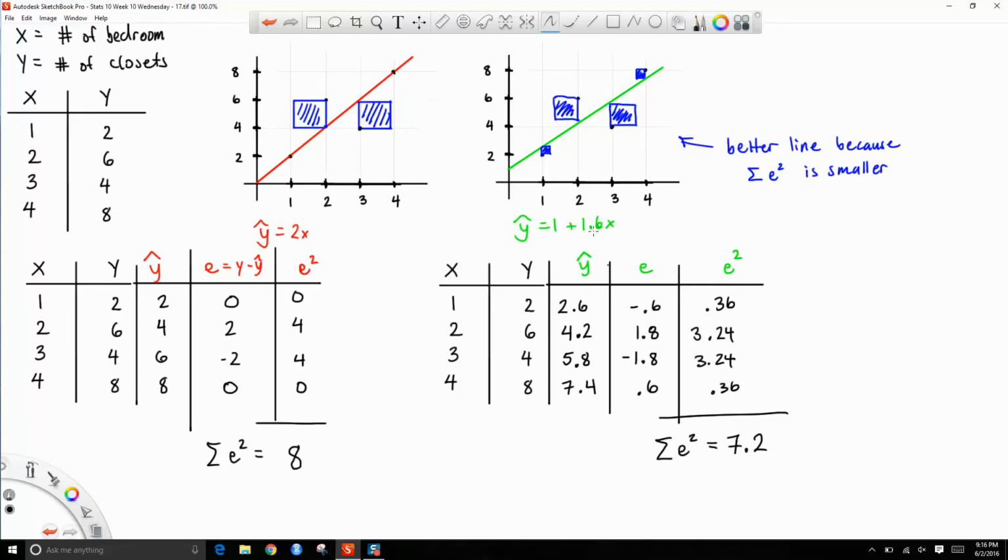So you could try to find how to pick the prediction line that's going to minimize the sum of squares residuals. Other people have done this, and we get to benefit from their labor, because now we just have simple formulas that tell us the best fit line is always going to have these properties.